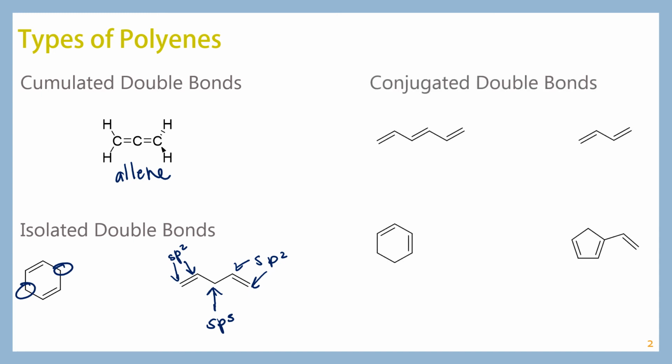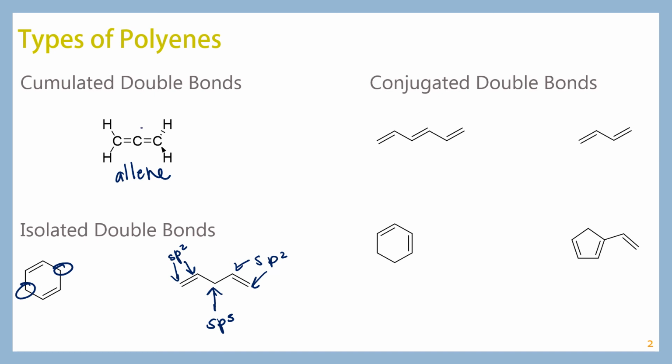And then you have your conjugated double bonds. So in a conjugated double bond, every carbon has an unhybridized p orbital, but you have to have a single bond in between. So this is where they kind of can be confusing between the conjugated double bond and the cumulated double bonds, because they both have double bonds on every carbon.